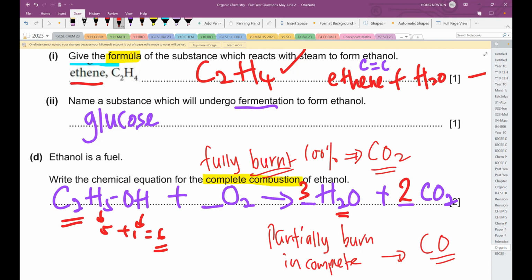Then check the oxygen. 2 CO2 gives 4 oxygen, plus 3 oxygen from the water, gives 7. On the left, this one has 1 oxygen, so the oxygen molecules need 6, plus 1 is 7. Yes, balanced.